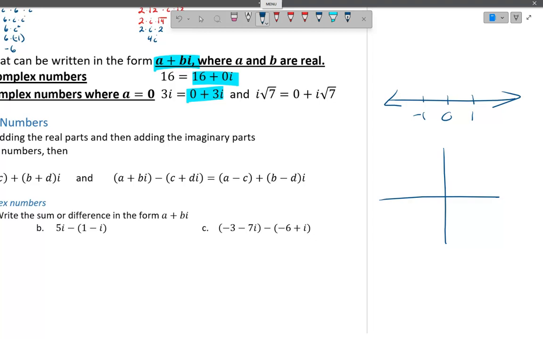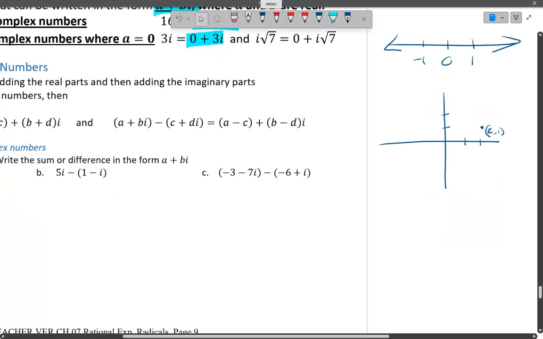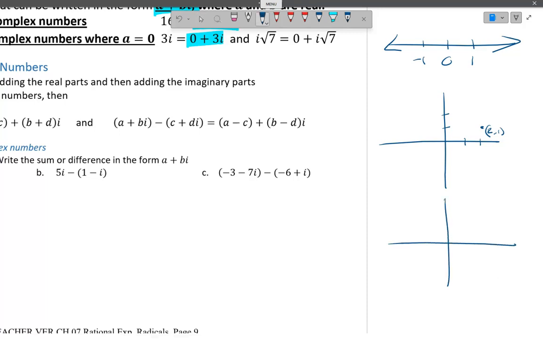And then we can identify ordered pairs such as 2, 1. This is our Cartesian grid. That's our two-dimensional number system. There is another plane called the complex plane, which is how we represent imaginary or complex numbers.